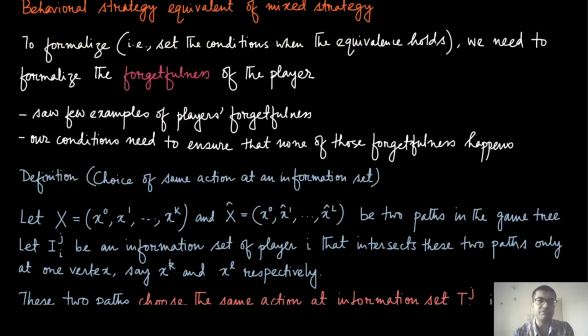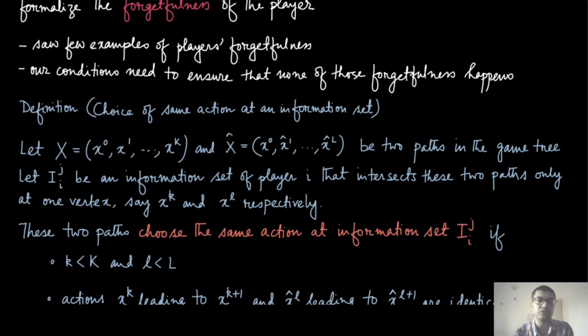So let us first define the following, which will be useful when we develop this notion of forgetfulness. This is called the choice of the same action at an information set. As the name suggests, it is just saying that if you consider two different paths, x and x hat, one of length k and the other one of length l. So if you consider an information set of player I that intersects these two paths only at one vertex.